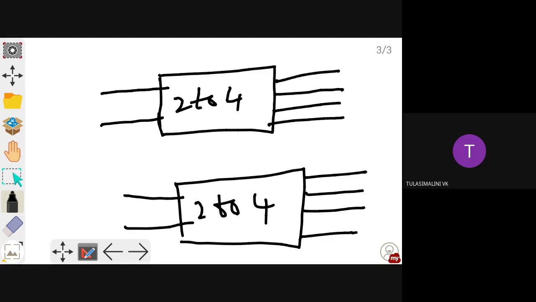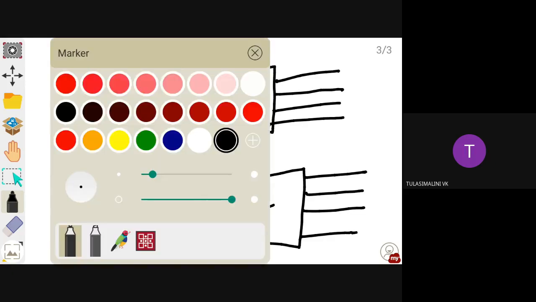But you have to give 3 inputs and you have to get 8 outputs, D0 to D7. So of the 3 inputs, only 2 inputs are used for a 2 to 4 line decoder. So another extra input you have to give as an enable input. So that is in the truth table.